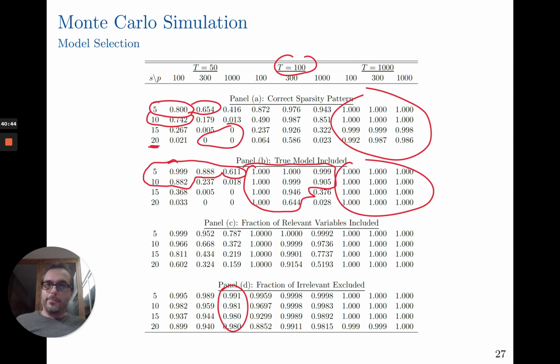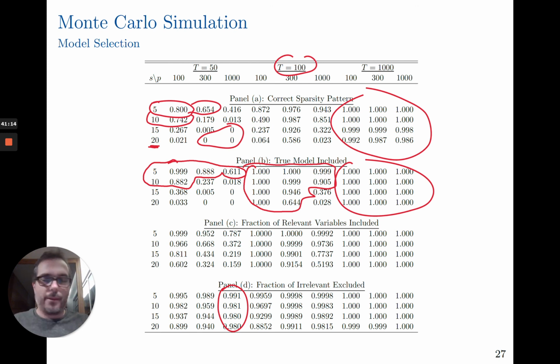So panel A is really ambitious, okay? What it's basically saying is that we are not getting the exact correct pattern because we miss one or two variables. We don't miss much, right? Even in these pretty negative cases, like with a very small number of observations, we are not that bad.